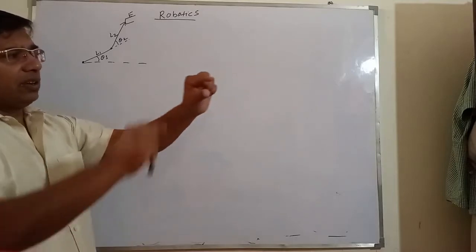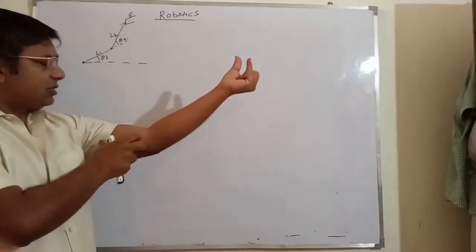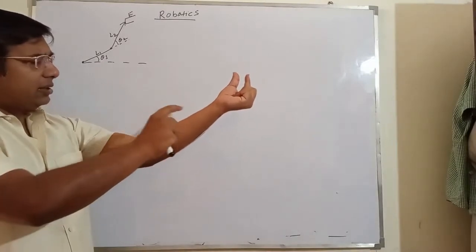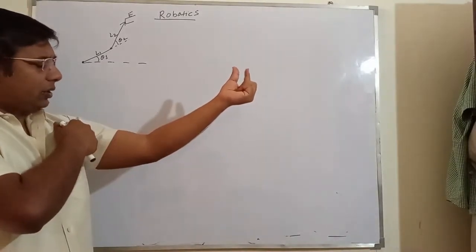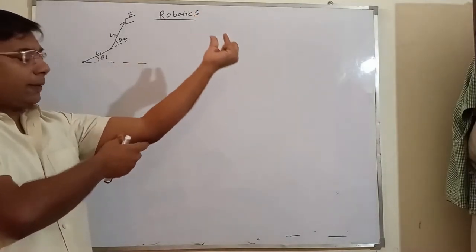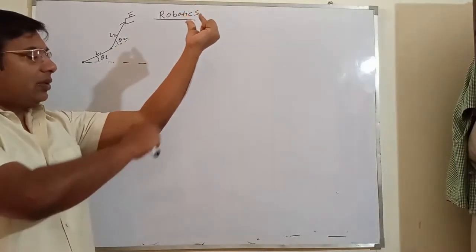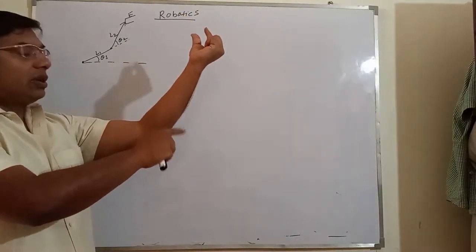So this is the end effector where we can pick the tool. This is one link, this is another link. This is one joint, this is another joint. Both joints are revolute, and this is making an angle with the horizontal theta 1. This is making an angle with the horizontal theta 2.